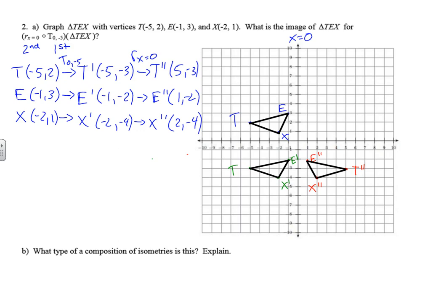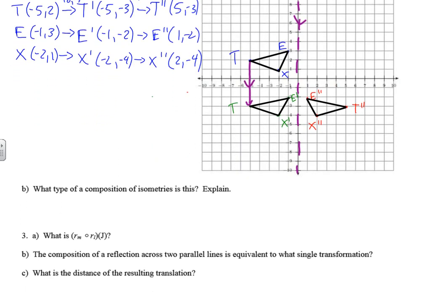Okay, what type of composition of isometries is this? Well, here's what I want you to notice. When we translated, here was the translation, here was the line of reflection. What do we notice about the line of reflection and the vector of translation? They're parallel to each other. So this is a glide reflection.